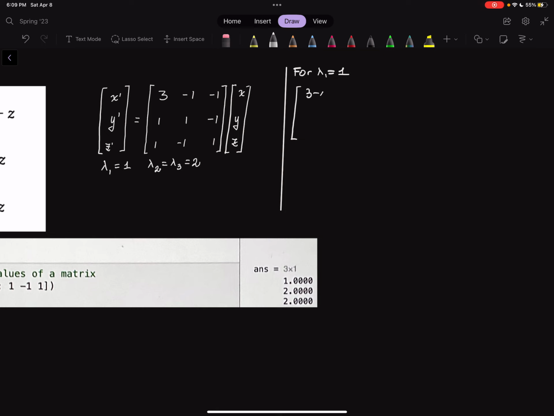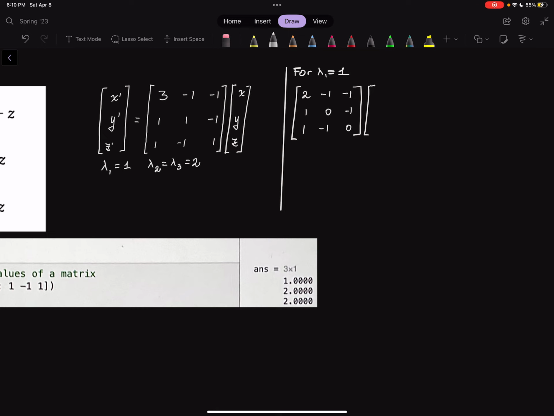So that's 3 minus 1, which is 2. Then -1, -1, 1. 1 minus 1 is 0. -1 stays the same. 1 stays the same. -1 stays the same. 1 minus 1 is 0.